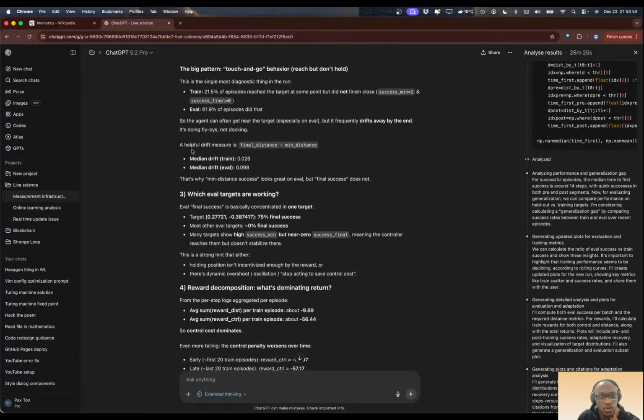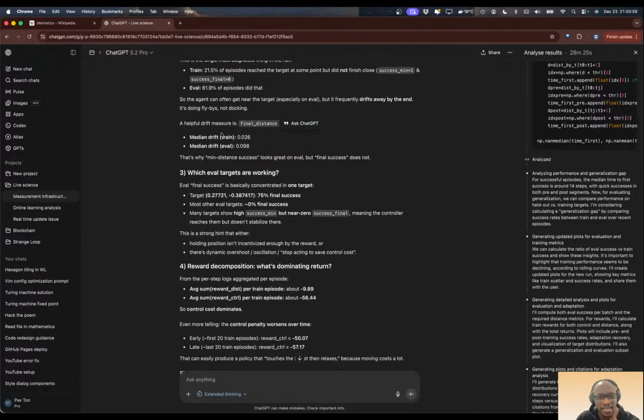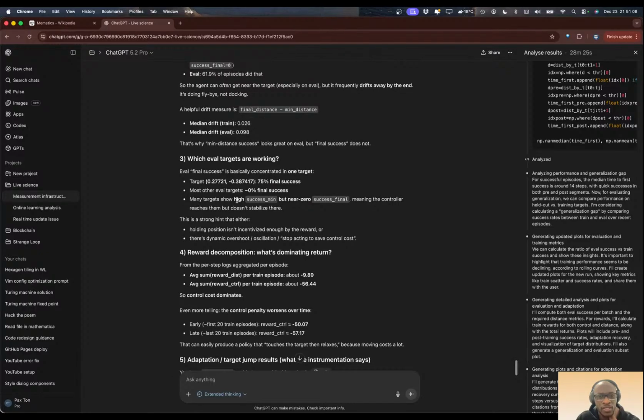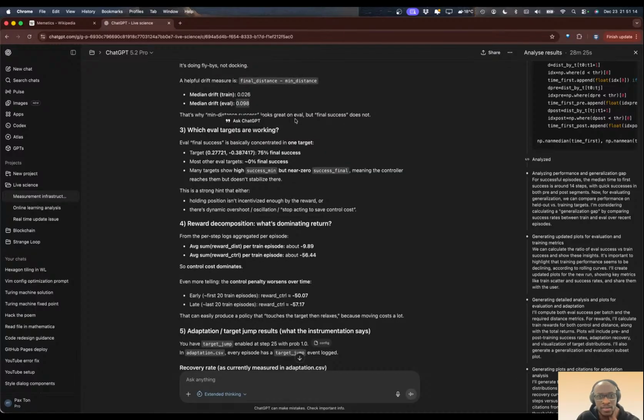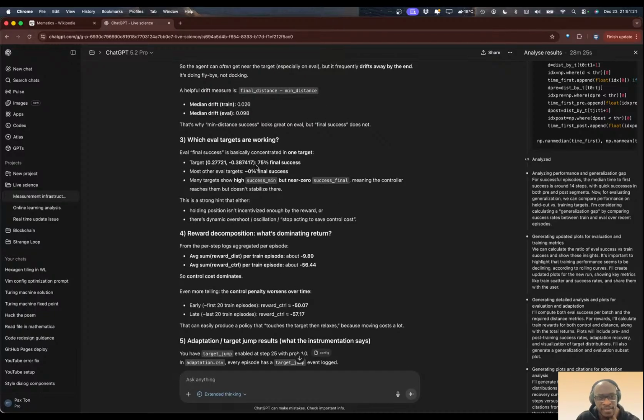Okay, so a helpful drift measure is final minus mean distance, and we get this for training as 0.026, and for eval 0.098. And that's why mean distance success looks great on eval, but final success does bad, because this is too high.